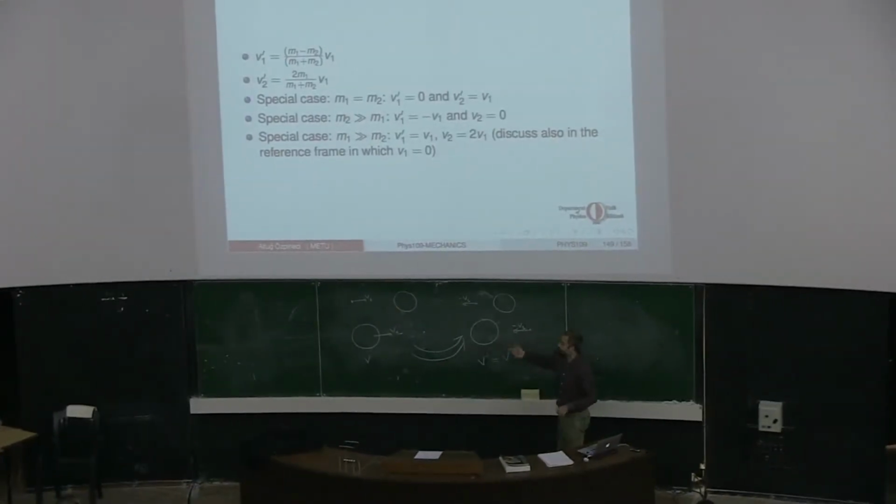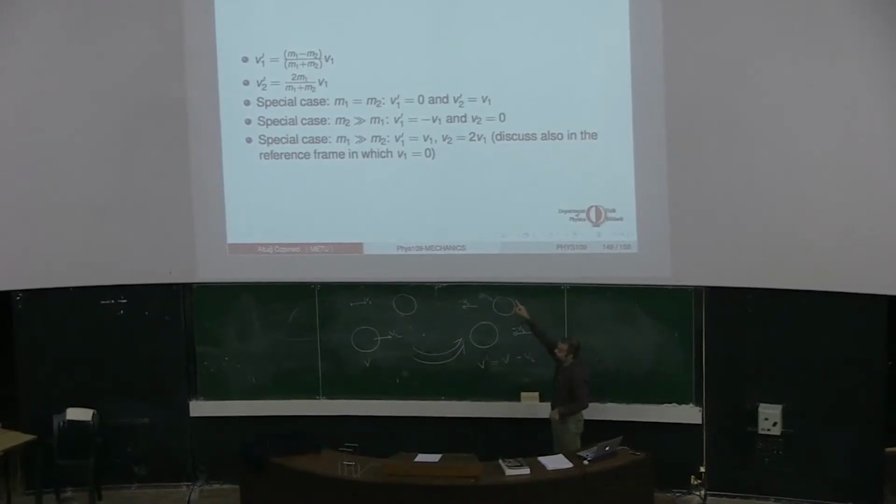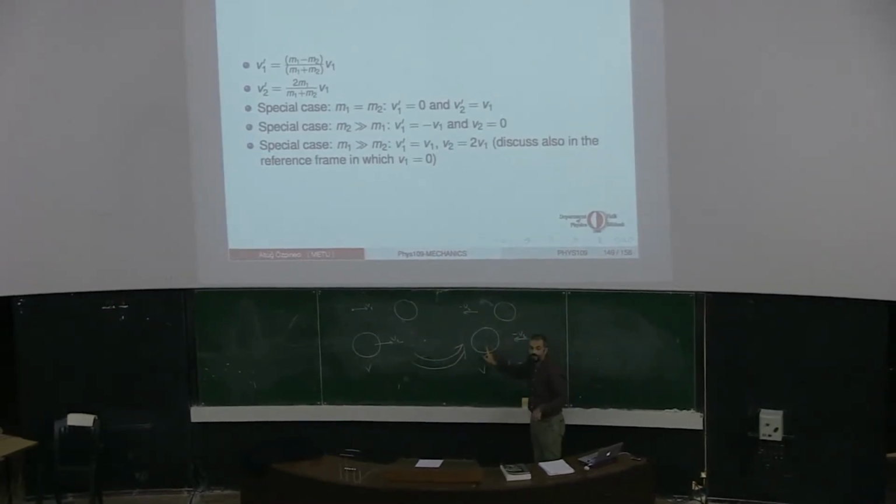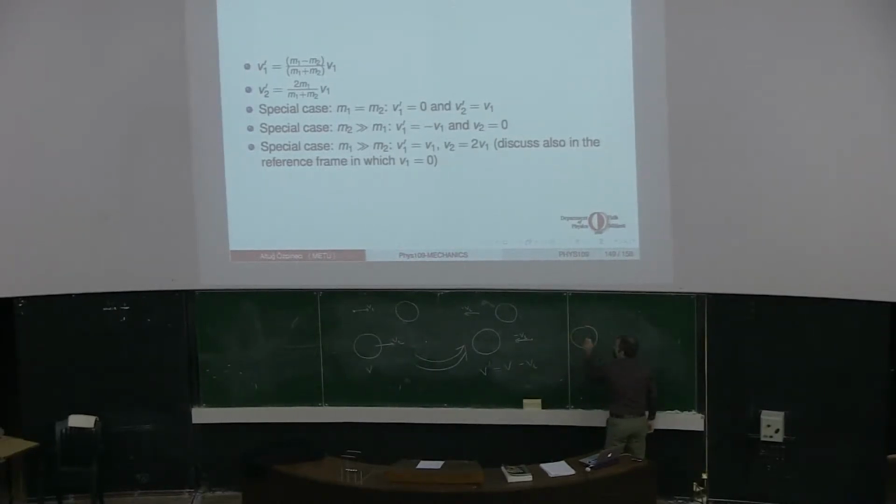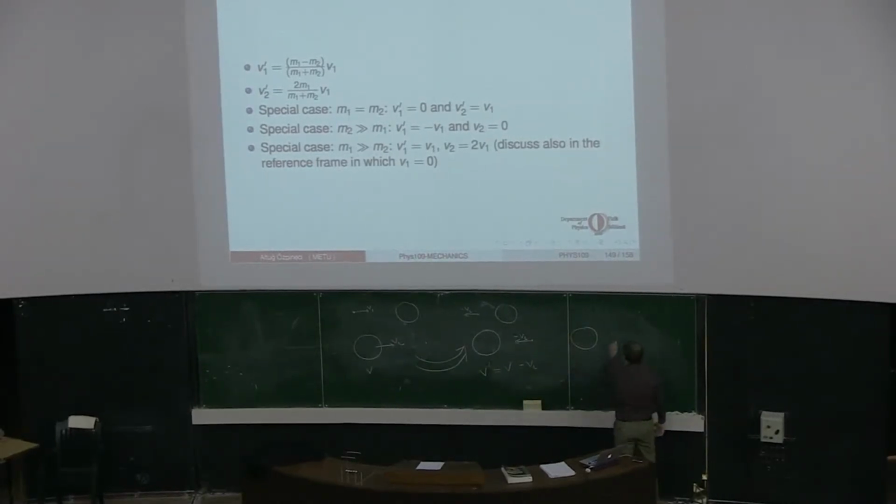Well, after the collision, this is the first case over there, when the target is very heavy. After the collision, this is at rest, but the target starts moving with velocity v1 in the opposite direction in the second reference frame.